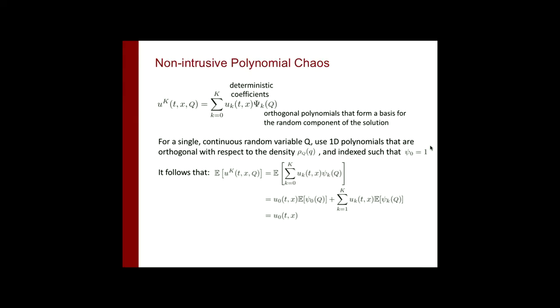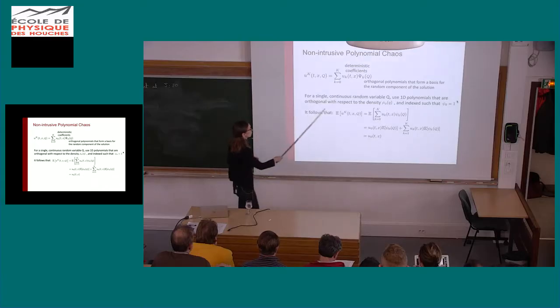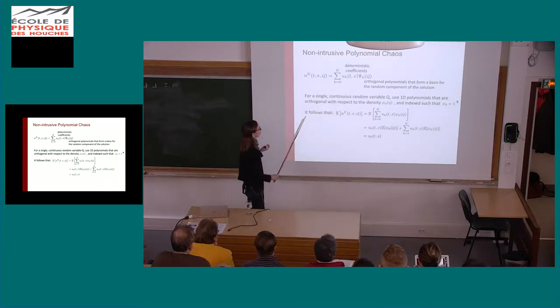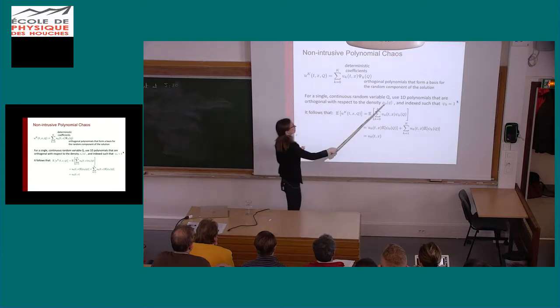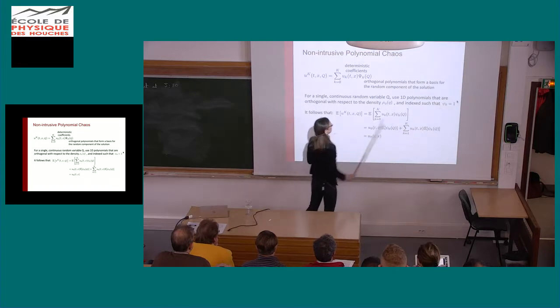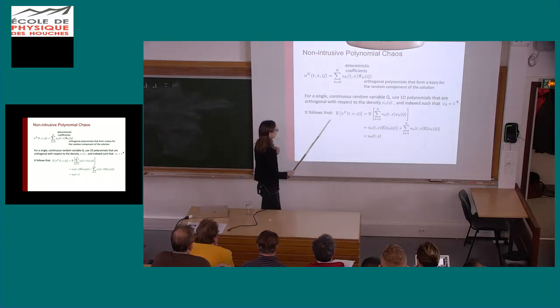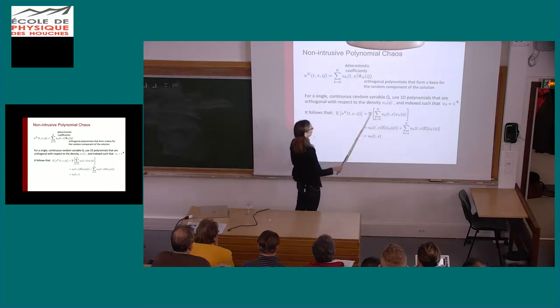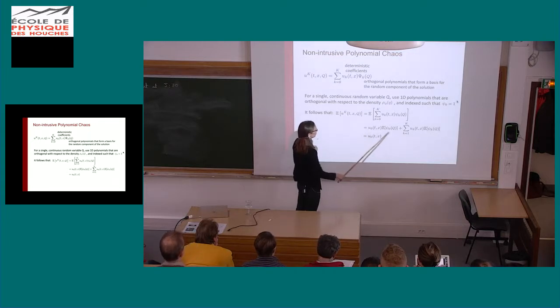So why is this interesting? If we think about this, just to make it simpler, for a single continuous random variable, then we can use 1D polynomials that are orthogonal with respect to the density of our random parameter here. And then we index them so that the polynomial with 0 index is equal to 1. And then it follows that the expectation of this expansion, which you have written like this, you can take the k equals 0 term here, and then all the other ones here.